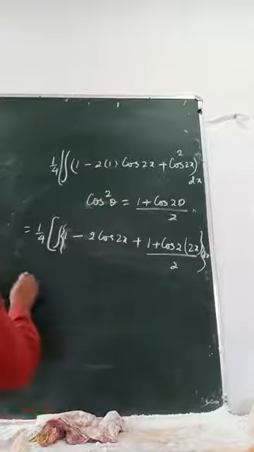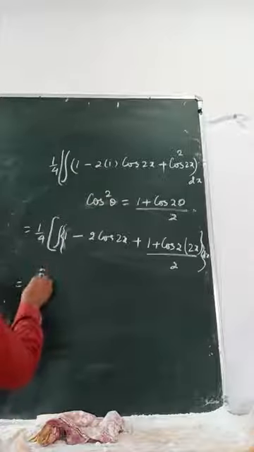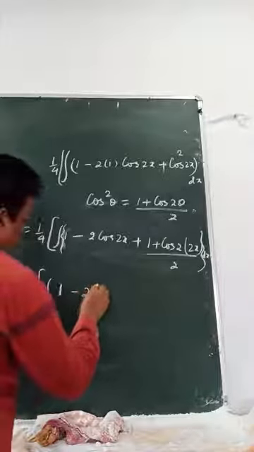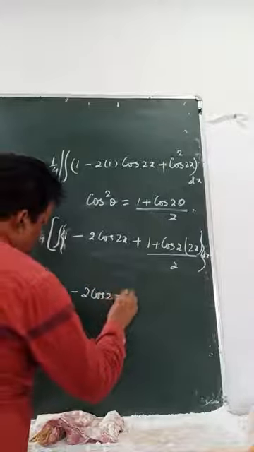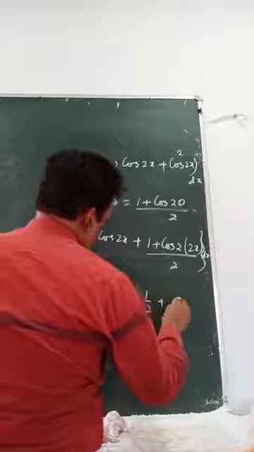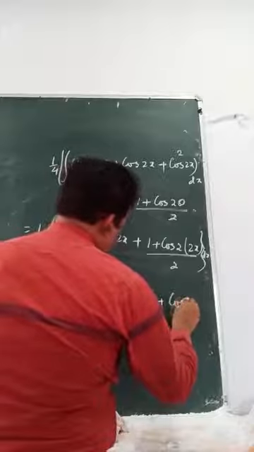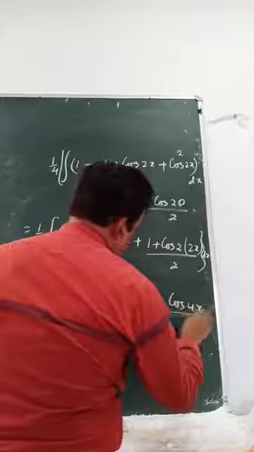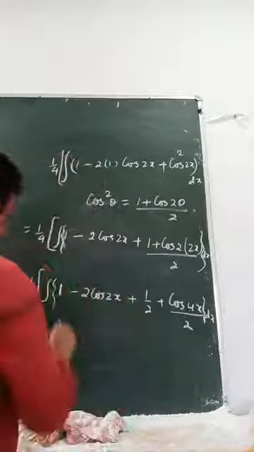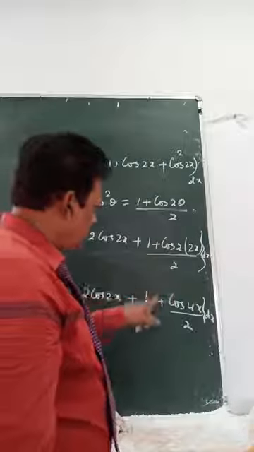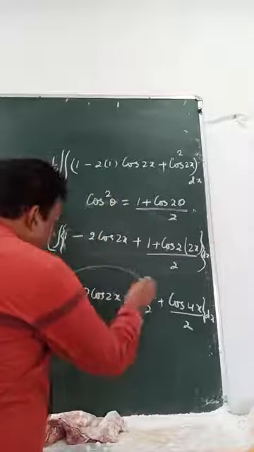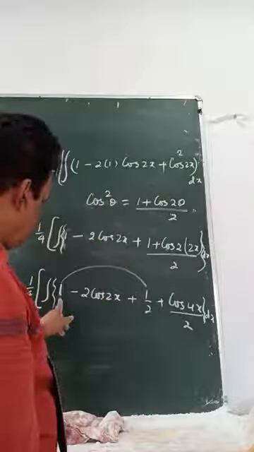So 1 by 4, let's keep it as 1 minus 2 cos 2x plus 1 by 2 plus cos 4x by 2. I have done a separation, nothing more. 1 by 2 cos 4x by 2. Okay, because I can add these two. How much? Now 3 by 2.